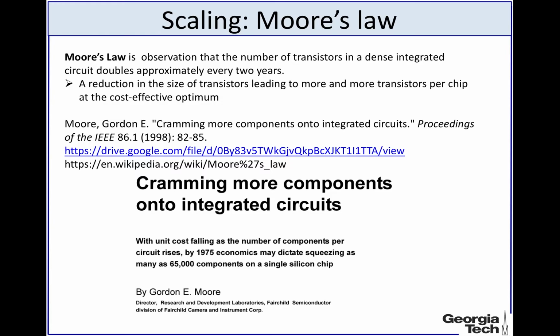It was more something stated from an economics perspective, because if you scale down the devices you get more transistors per chip.